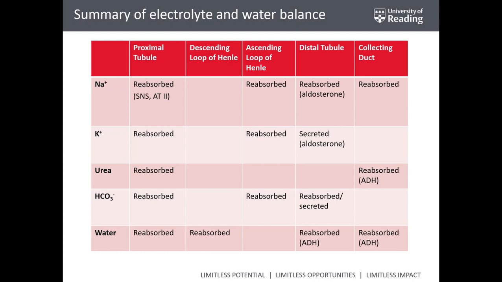Water is reabsorbed in the proximal tubule and in the descending loop of Henle, definitely not in the ascending loop of Henle. That's a very important point for the current regulation. And it is reabsorbed in the distal tubule and in the collecting duct under the control of the antidiuretic hormone.